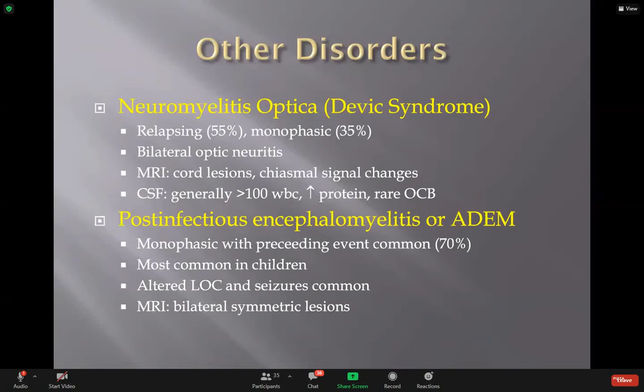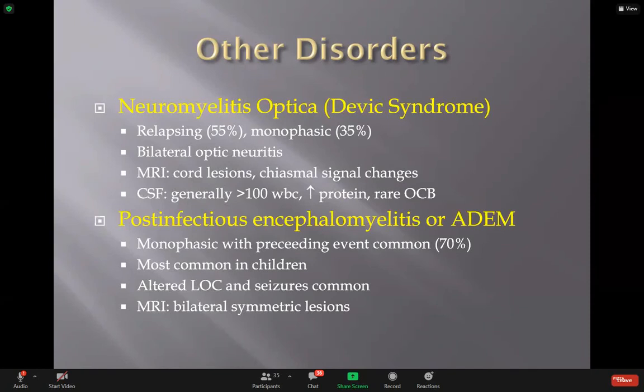So neuromyelitis optica, this is a relapsing disease and is associated with bilateral optic neuritis. All right. The MRI has cord lesions and the optic chiasm might change.